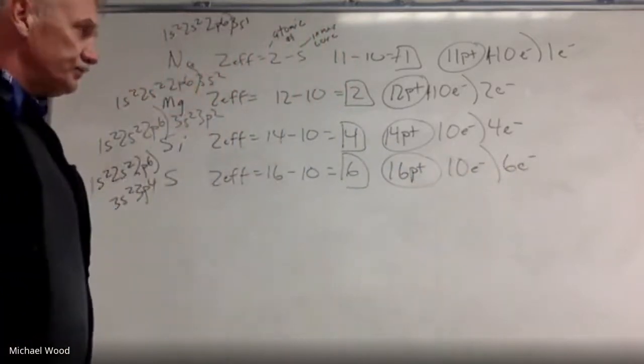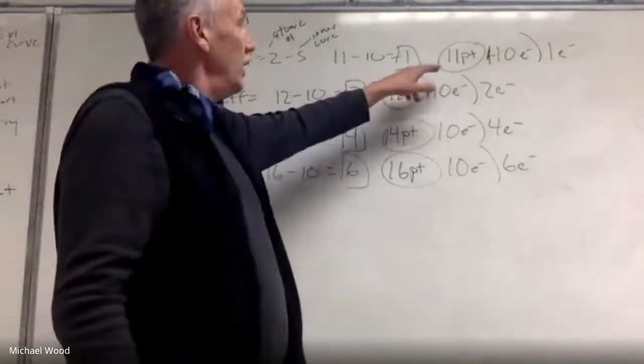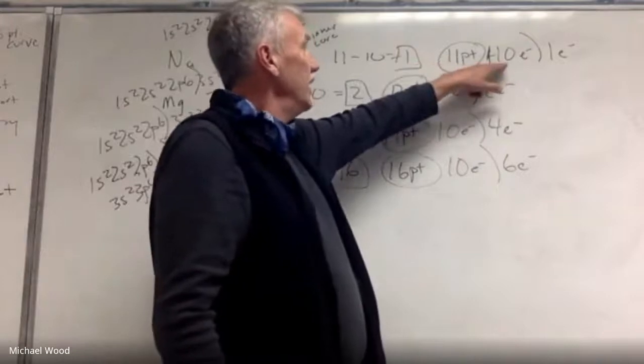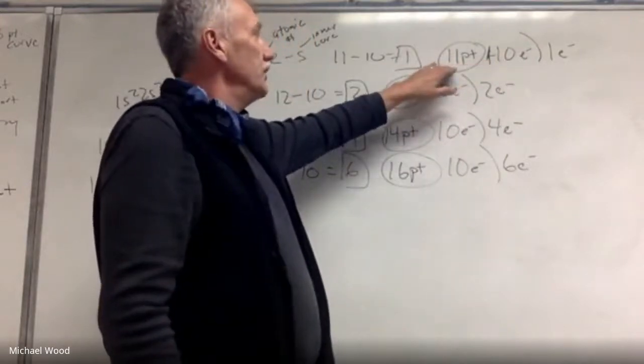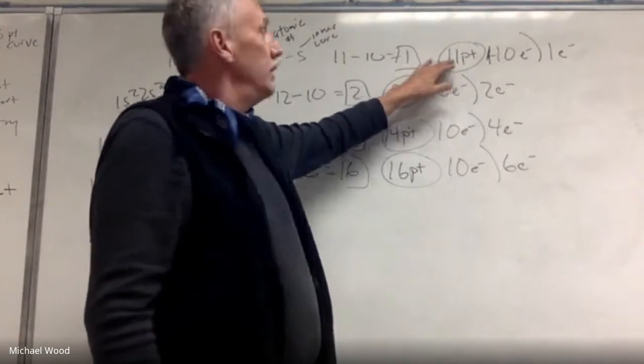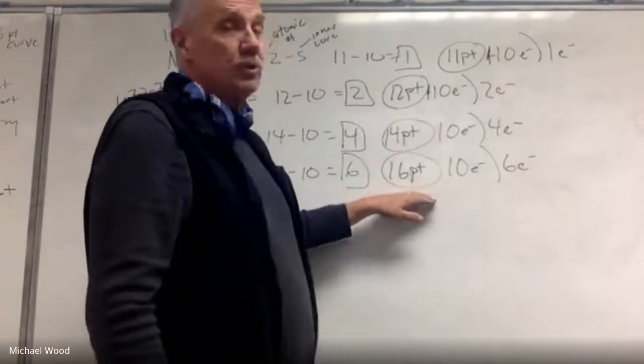If you think about this, up here in sodium, I had 10 electrons shielding or absorbing a pull from 11 protons, pretty much close to 1-to-1. It gets to be a little bit more lopsided, and now it's really getting lopsided.